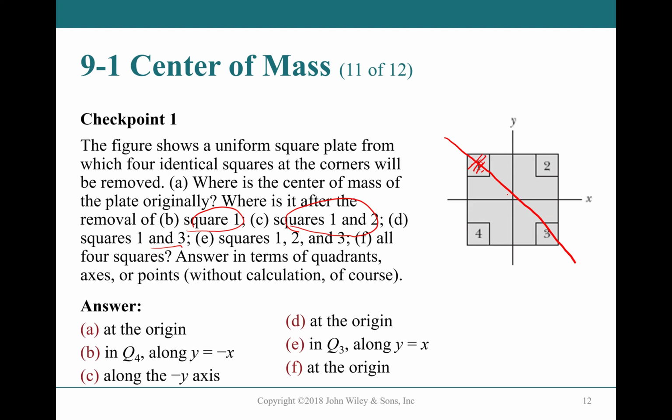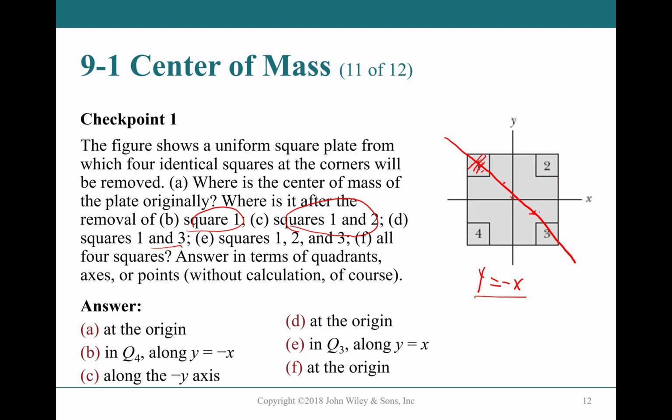This line here is actually y equals negative x because it goes through the second and the fourth quadrant, and it goes through the origin.